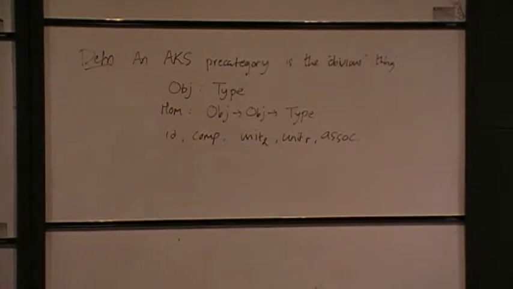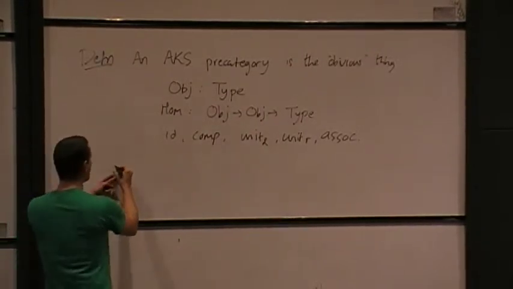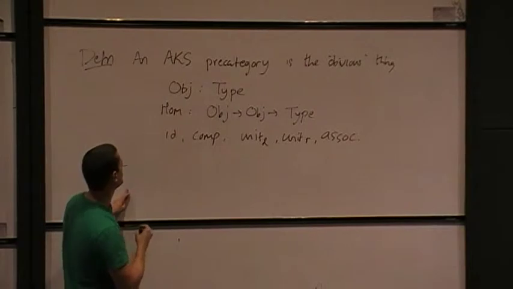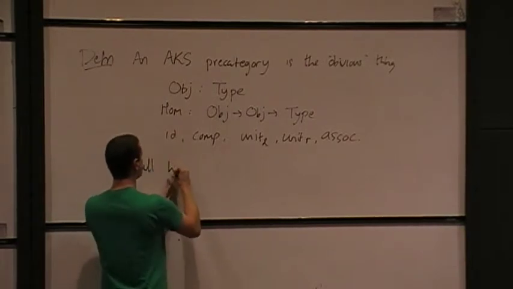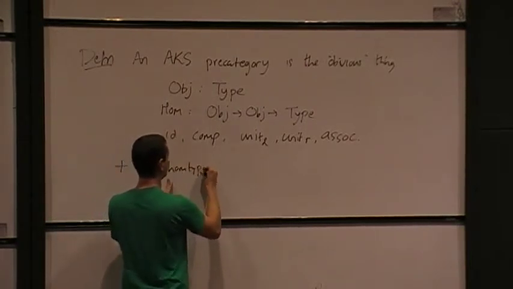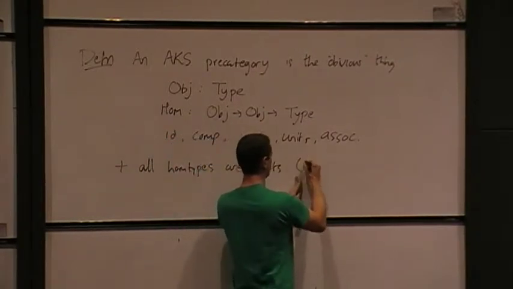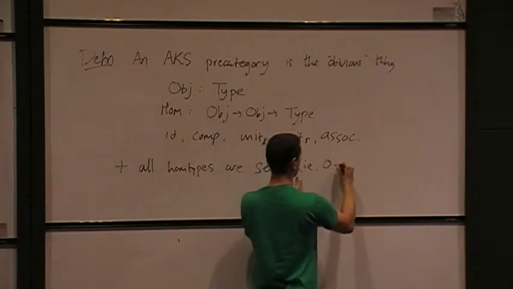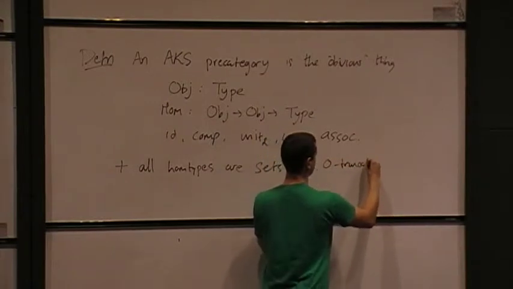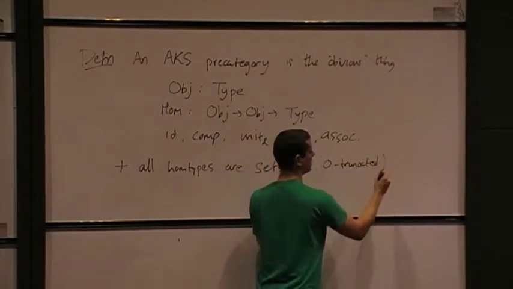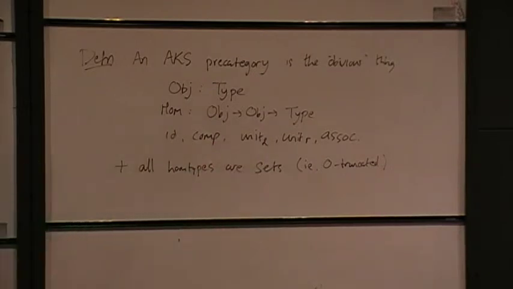And they deal with the mess by giving an extra axiom, so plus all Hom types are sets. So all Hom types are homotopically discrete.